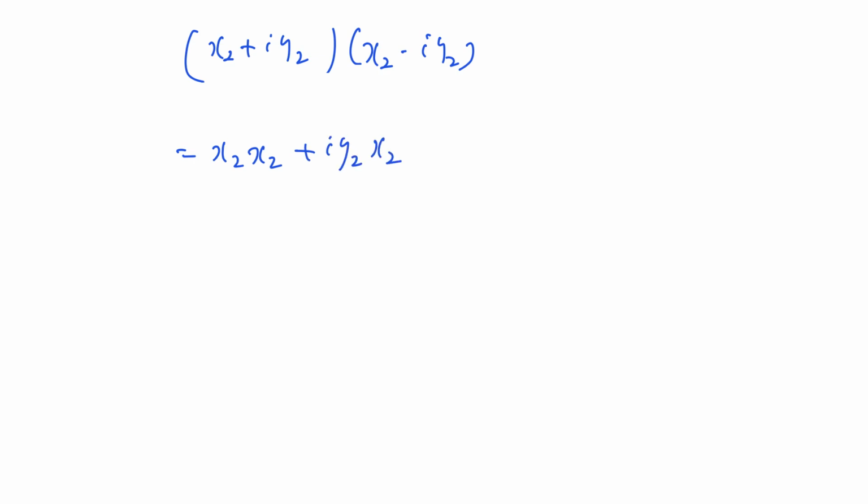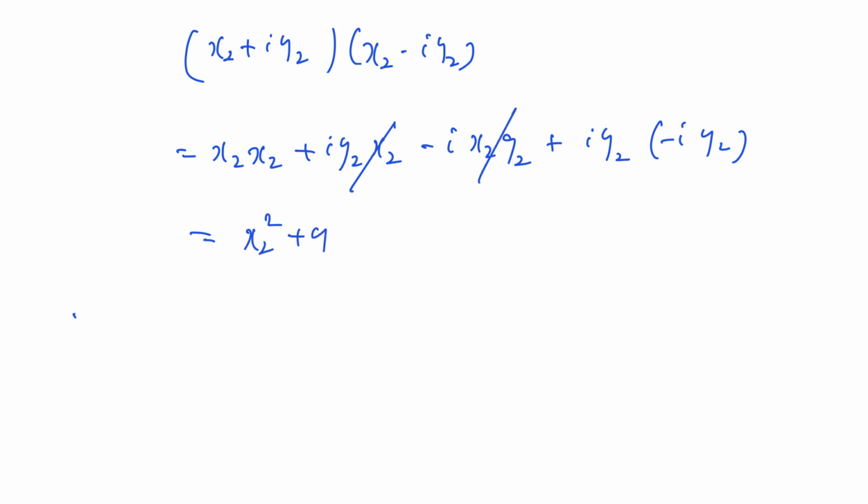So x2 plus iy2 times x2 minus iy2 is x2 times x2, plus iy2 times x2, minus ix2 times y2, plus iy2 times iy2 minus... so these two cancel each other, and it becomes x2 squared plus y2 squared.